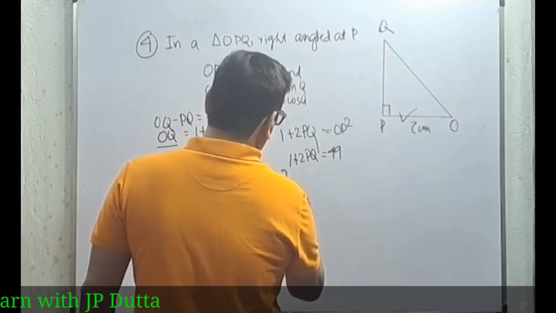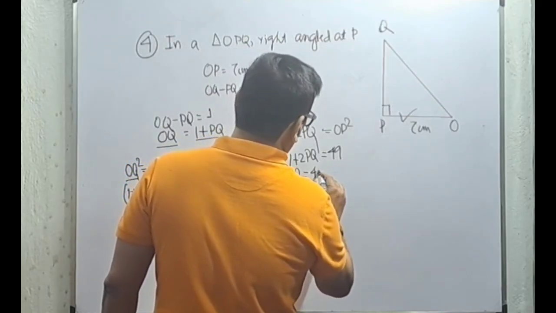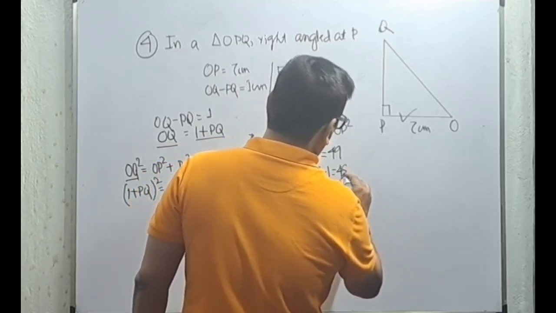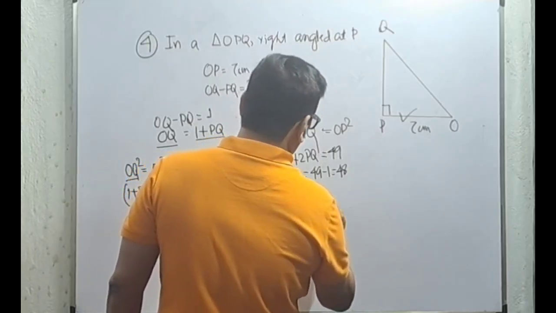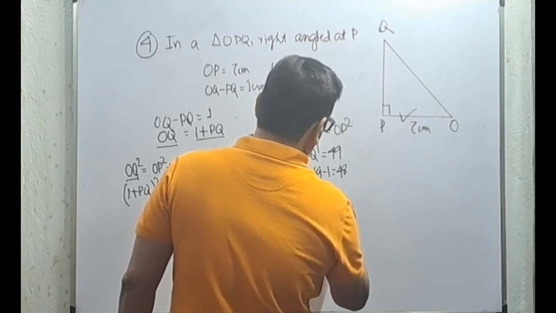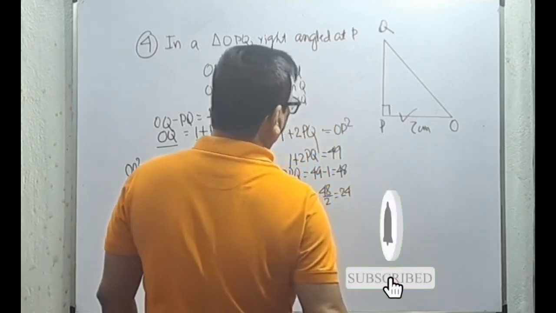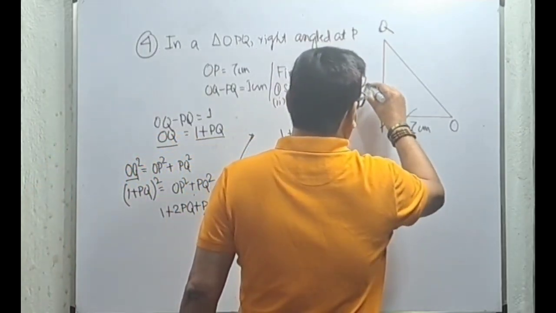So from where you can write 2pq is equal to 49 minus 1 equal to 48. So you can write pq is equal to 48 by 2, which is equal to 24, right? So you got the value of pq, this is 24, right?